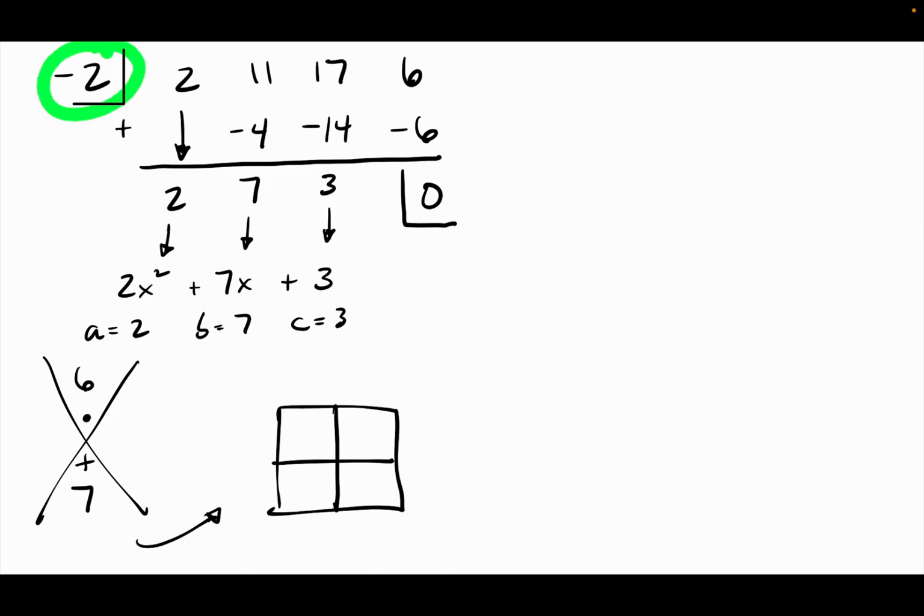What are the 2 numbers that multiply to be 6 and add to be 7? Right? Because I got to multiply to be positive and add to be positive, so it's going to be positive. First guy always goes in the first spot. Last guy always goes in the last spot.